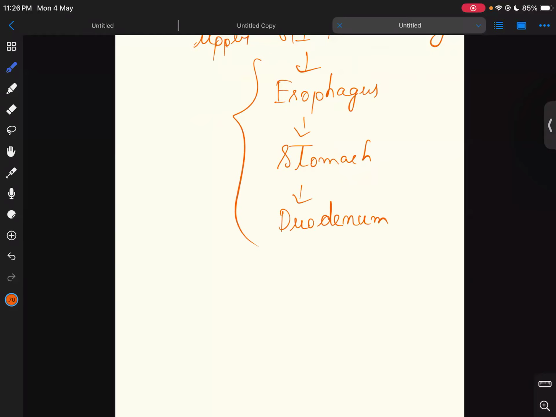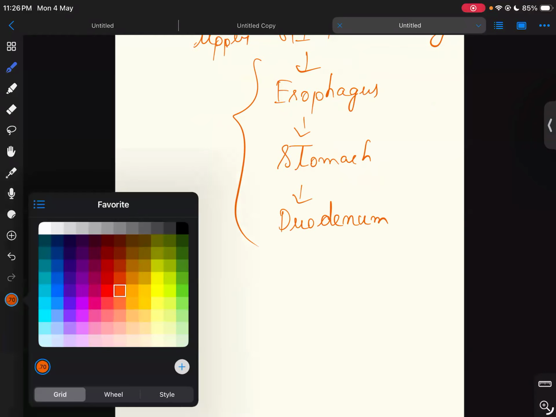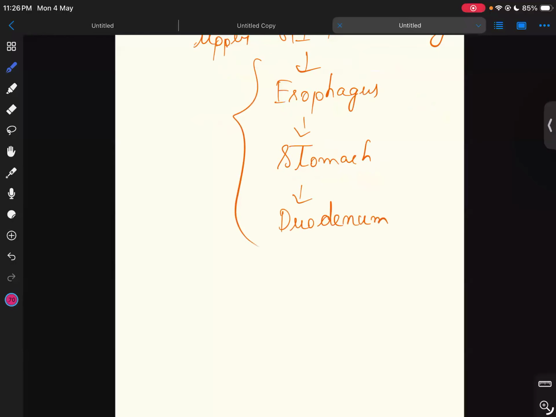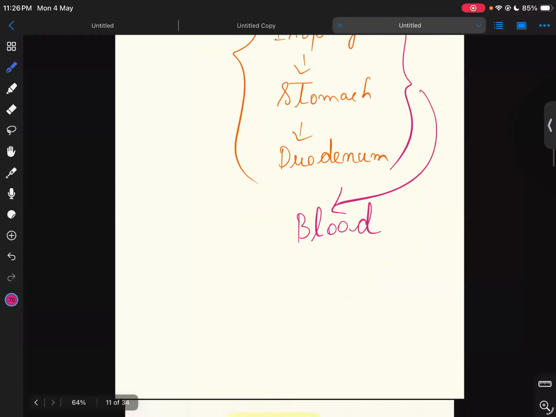Suppose bleeding is occurring from this side. So blood has to travel a long way through the GI tract. It will travel down through the rest of the duodenum, then jejunum, then ileum, then the large intestine. All of this way it has to travel.